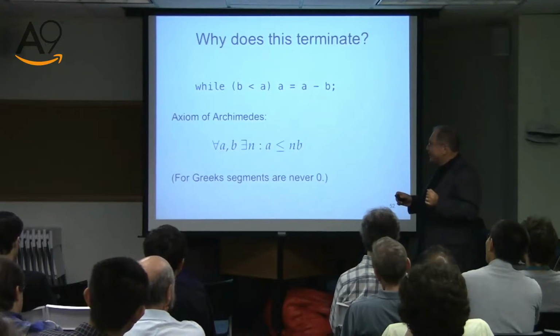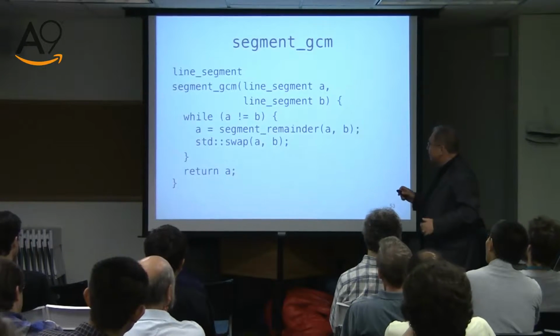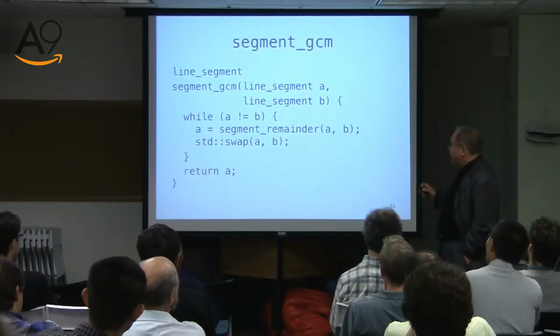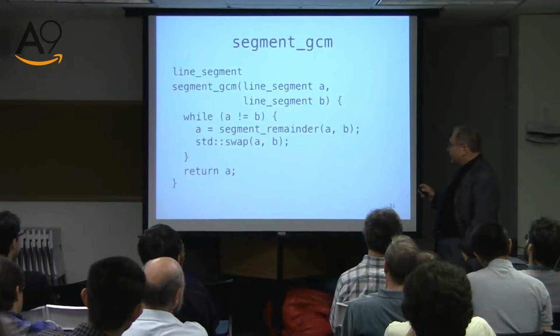Right? It's an aside. Again, it's very, very important for example for things like integration. It's central to our understanding of the world, but I just mention it briefly because we need to go and look at our new version of greatest common measure.